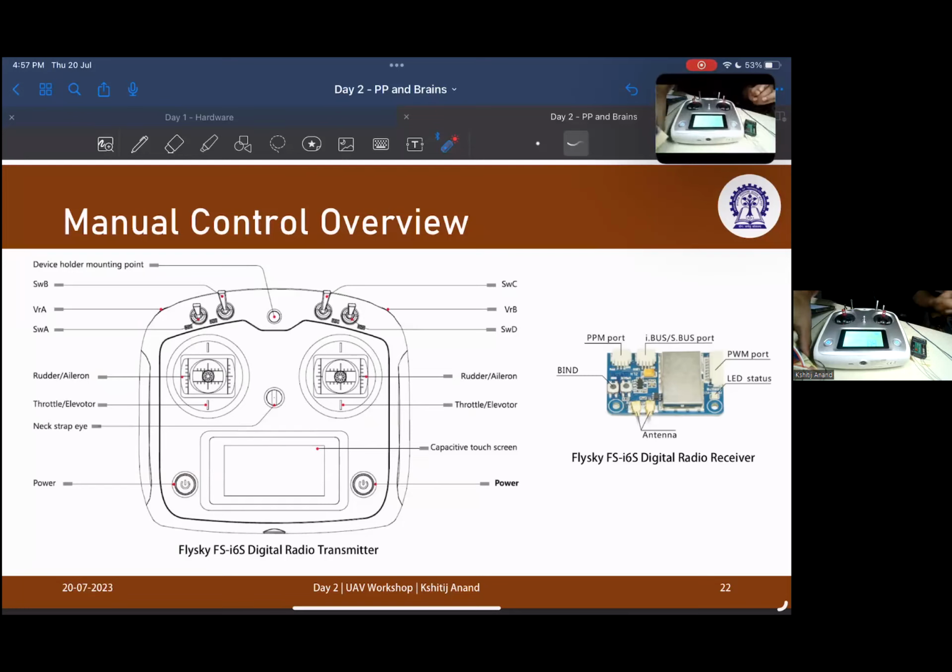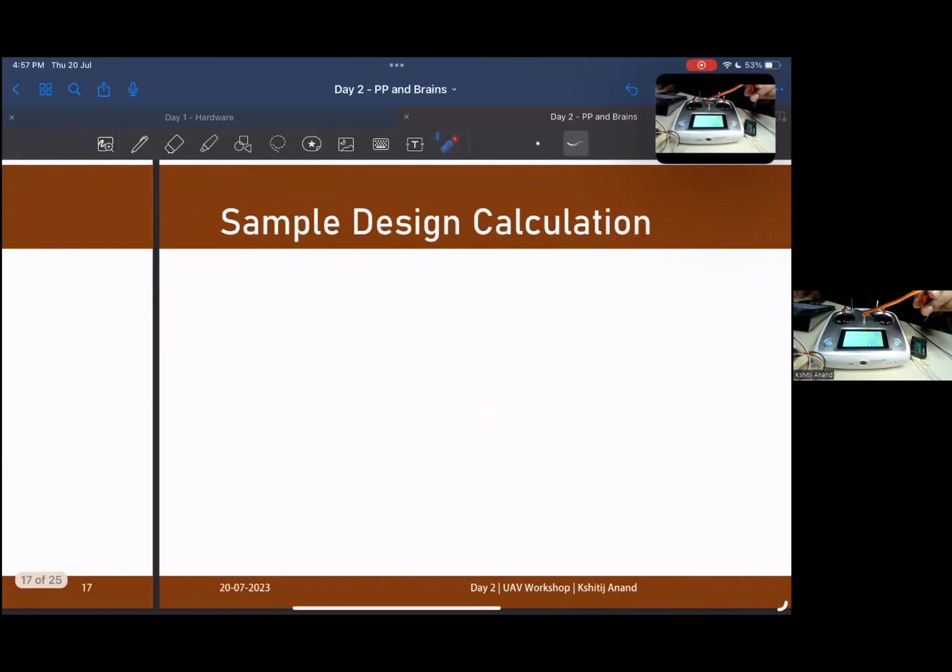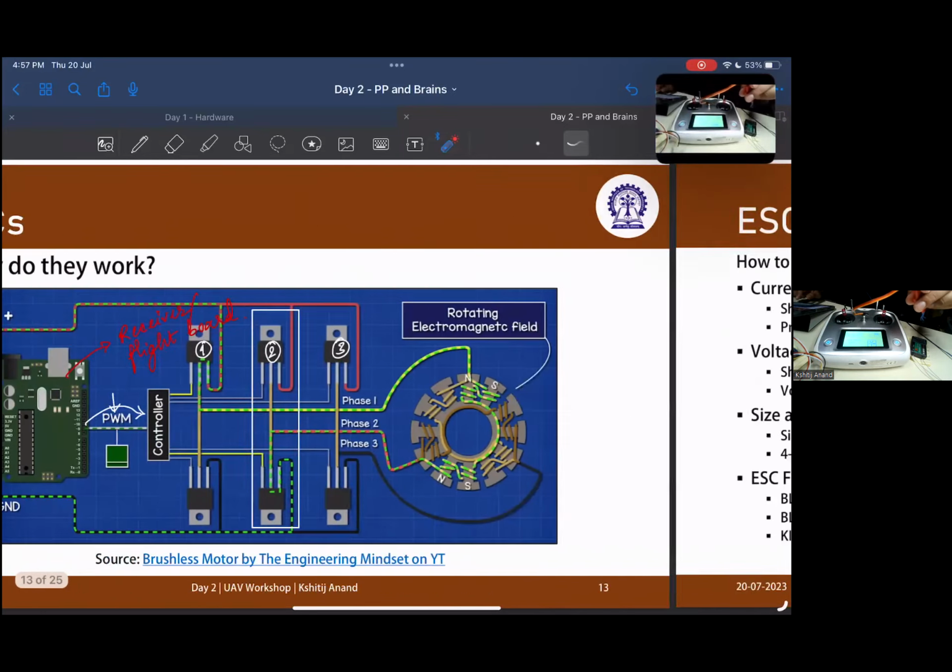Now I am going to show you the ESC, which also has a battery eliminator circuit with it. These 3 terminals go into the motor, these 2 connect with the battery, and this one goes to the receiver. I'll take you back to the diagram of the ESC.